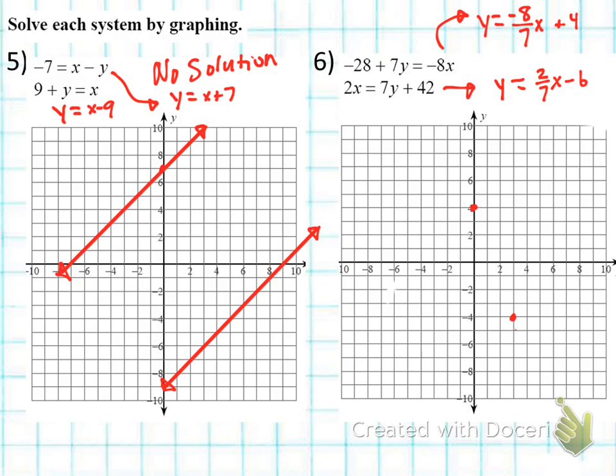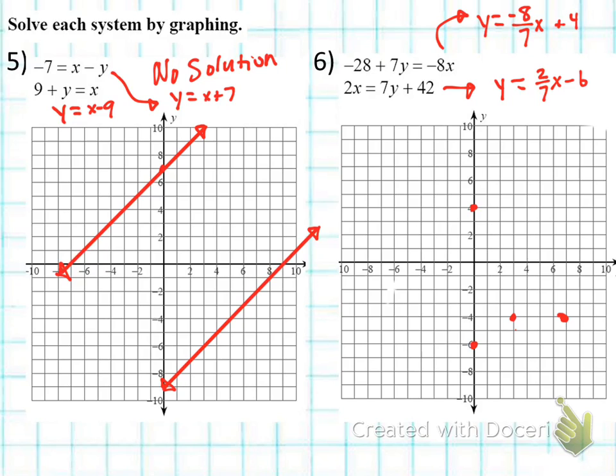Shouldn't it be positive though? No, you need to isolate y. Did you isolate y? I don't think you isolated y. Very good. Is there something wrong? Yeah.